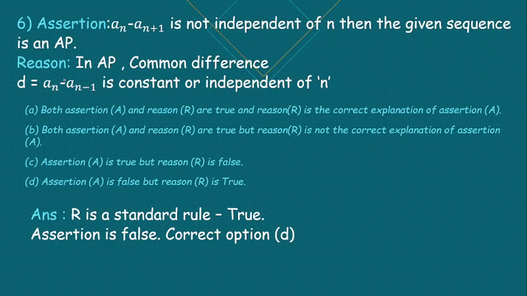Same way, an minus an minus 1, that means a term minus the previous term, that is second term minus first term. So this is the formula to find a common difference. It is true. But in the assertion, it is not independent, it is given. So this is false. So if the assertion is false, directly go and opt for the correct option D.